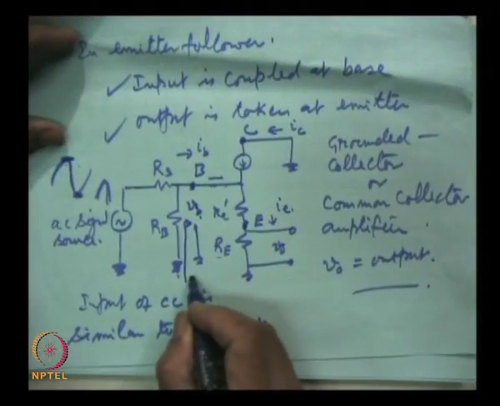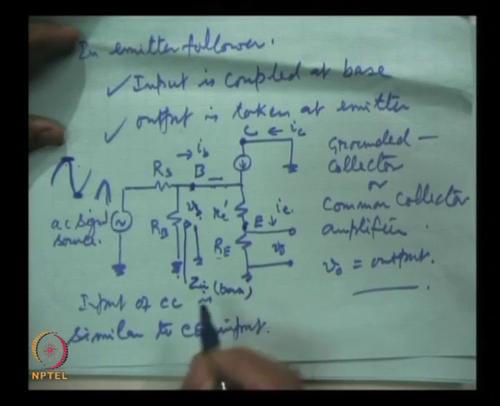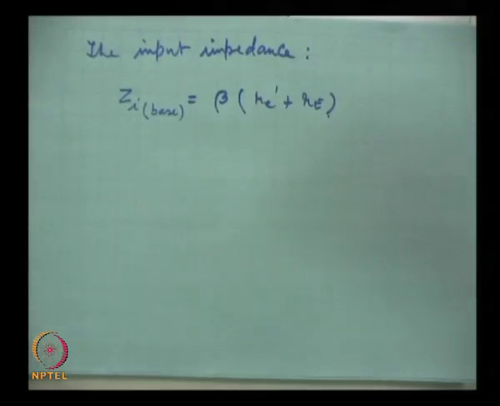You remember that this is the impedance which we see here. Here this is Z in base, and for the amplifier it is here, that means Rb. The biasing resistances have also to be considered when we talk of the input impedance of the common emitter or any amplifier in general. This point we discussed in detail in the common emitter circuit also.